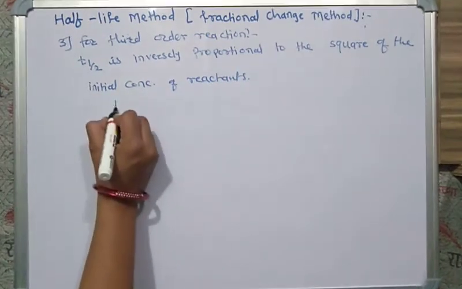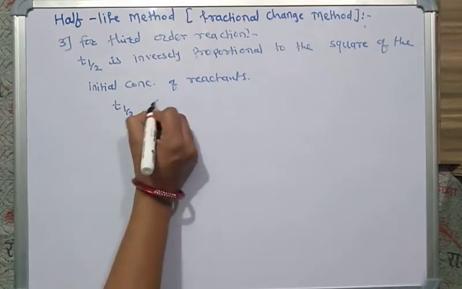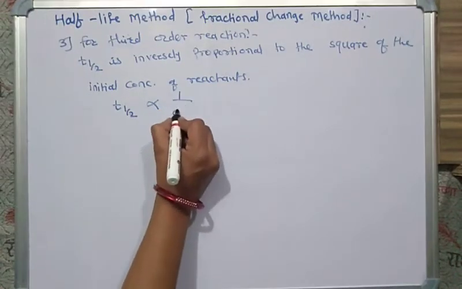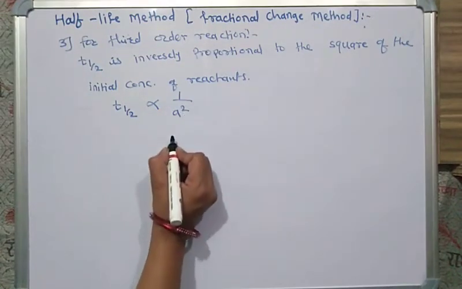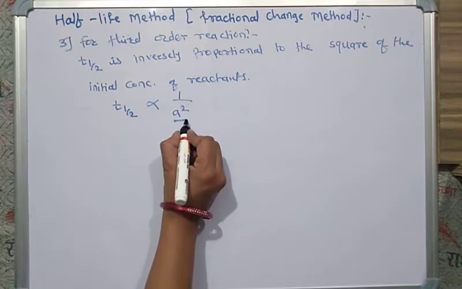So it will be written as T half is inversely proportional to the square of the initial concentration of reactants, that is A square.